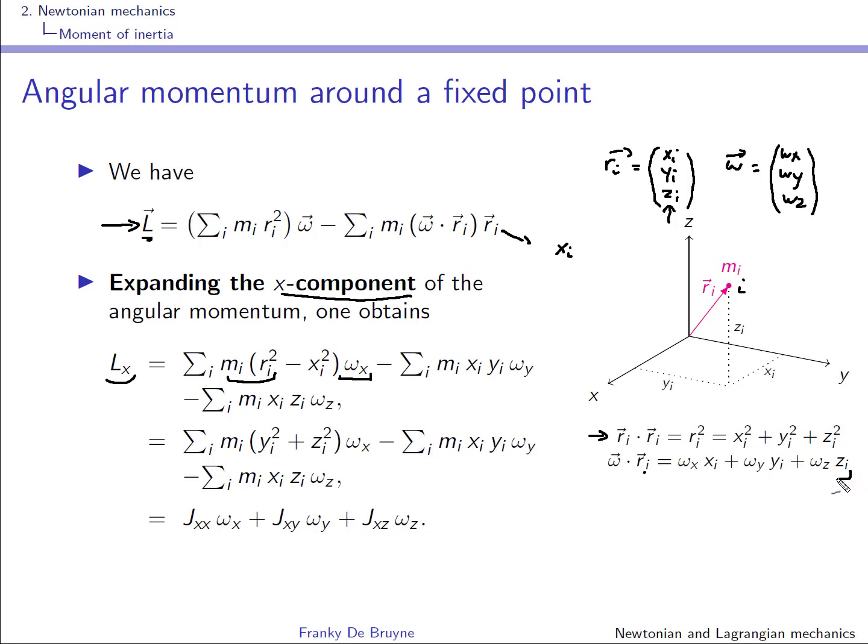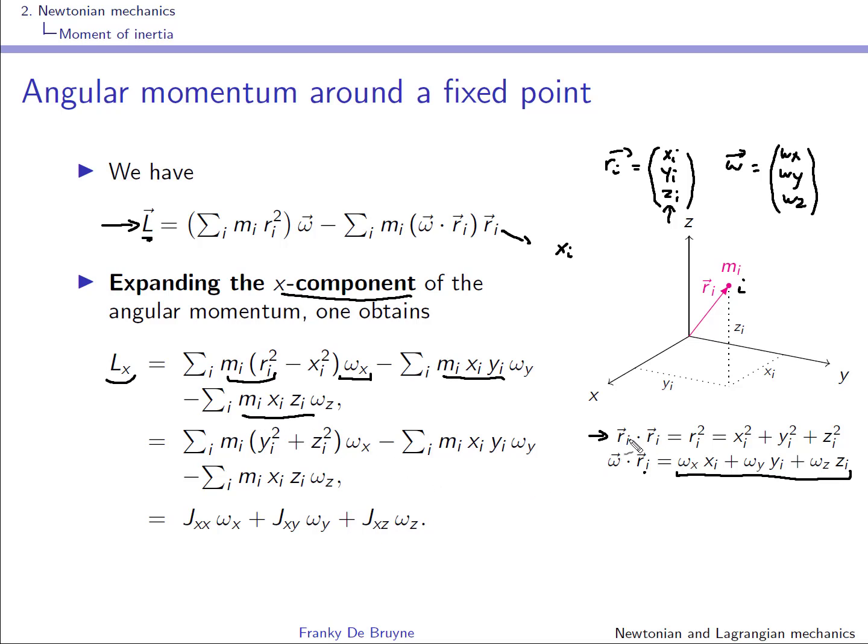The x component of this one will give you x_i, and then you have to multiply with this thing here. So it will give you a term in omega_x x_i squared with the minus sign, with the mass in front, and you'll have something with omega_y x_i y_i, it's this one here, and a similar term like this one.